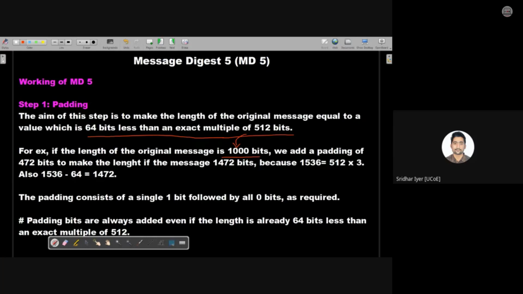So what you can do is straightforward: subtract 64 bits from 512. First value will be 512 minus 64. Second value will be the second multiple of 512, which is 1024 minus 64. Next will be 1536 minus 64. Tell me what values you get.